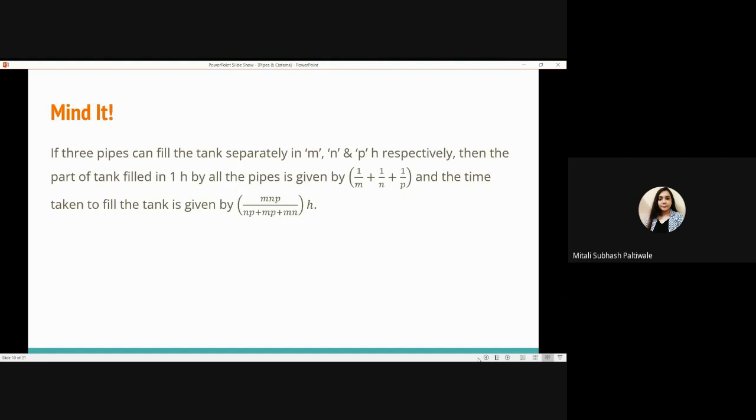And the time taken by them to fill the entire tank would be MNP by NP plus MP plus MN.